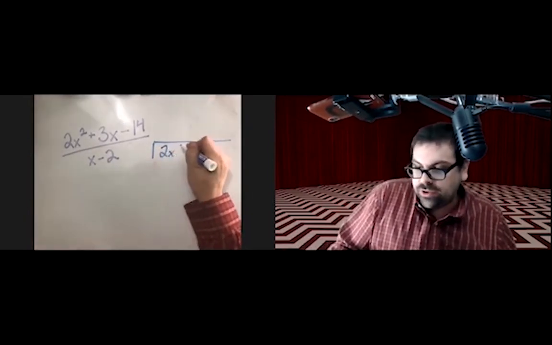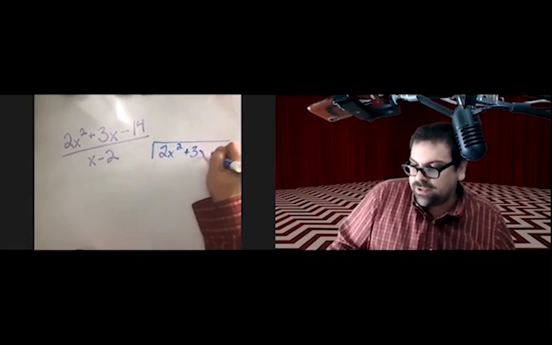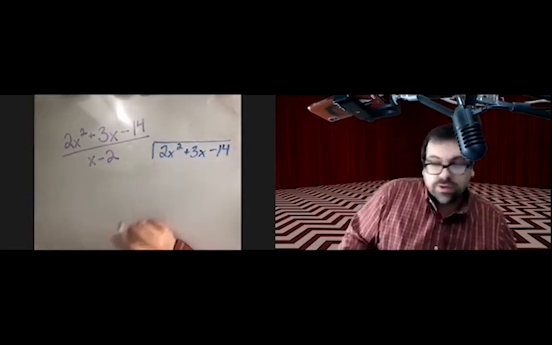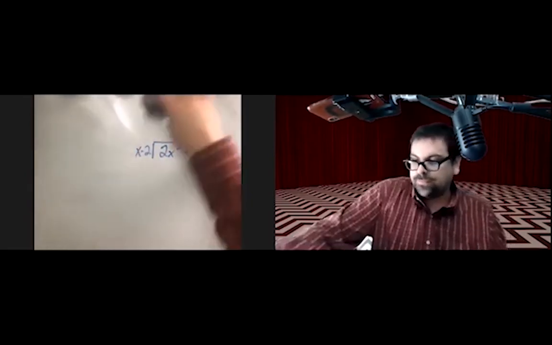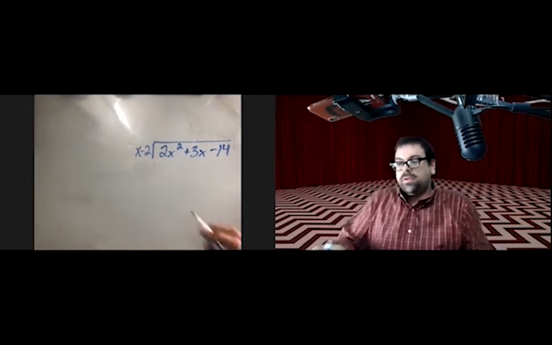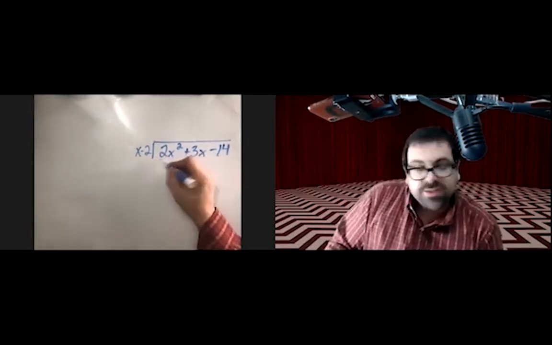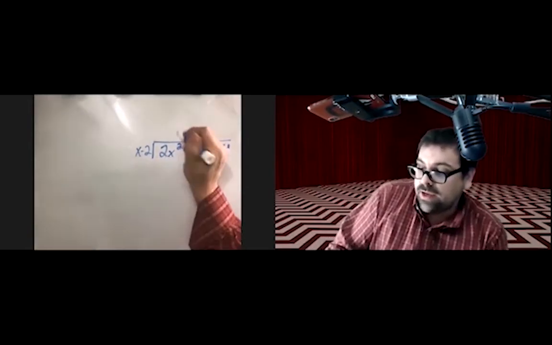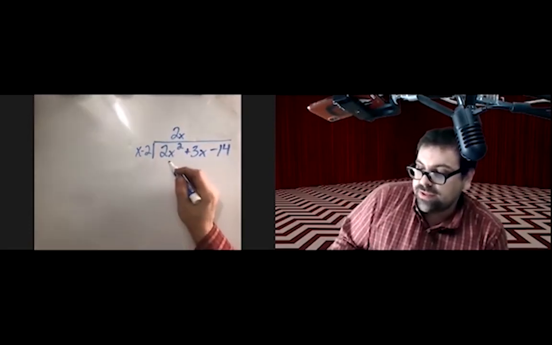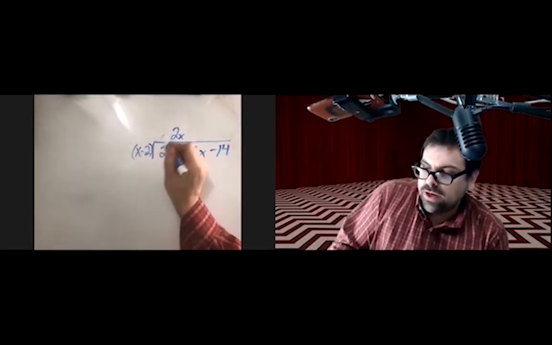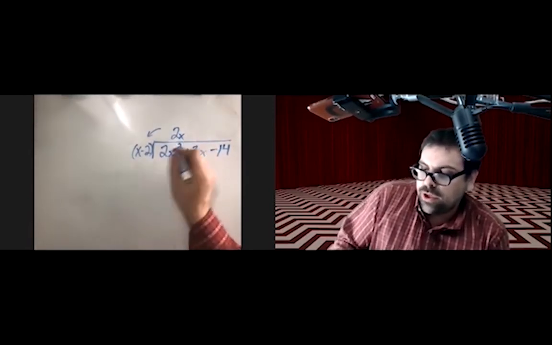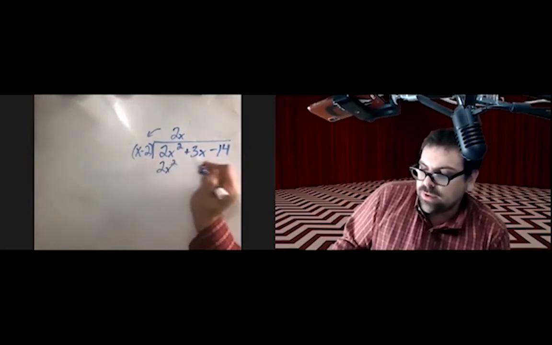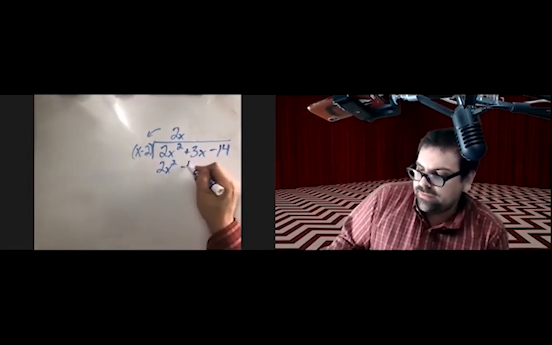So underneath, 2x squared plus 3x minus 14 on the inside, divided by x minus 2 on the outside. x times what is 2x squared? x times 2x is 2x squared. Multiplying around the corner, 2x times the quantity x minus 2. 2x times x is 2x squared. 2x times negative 2 is negative 4x.